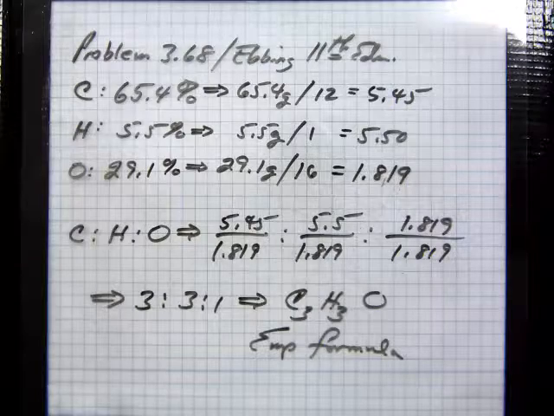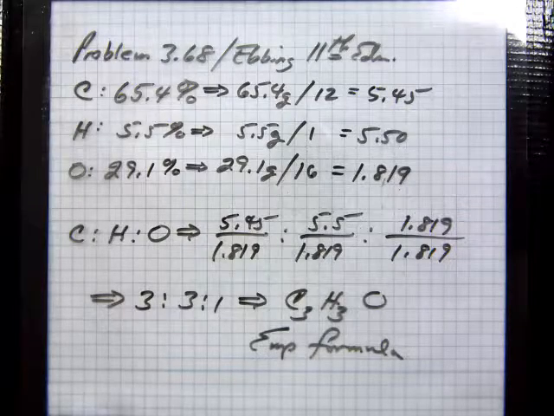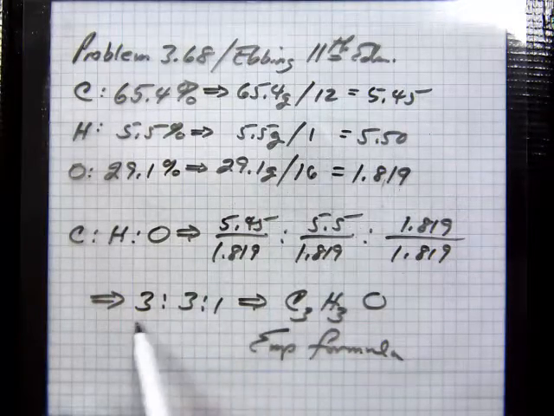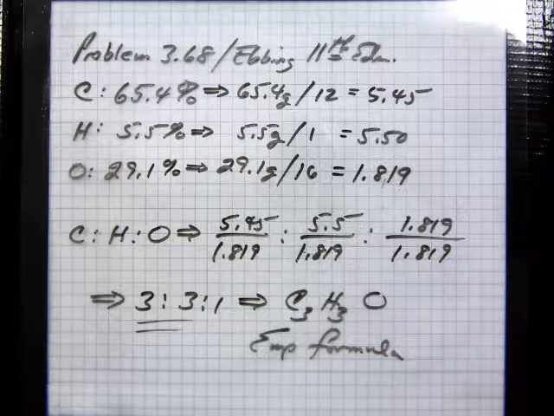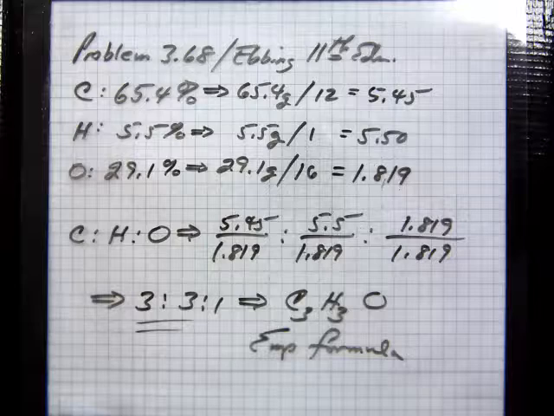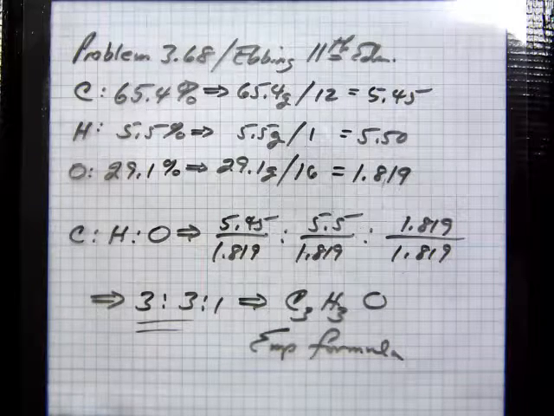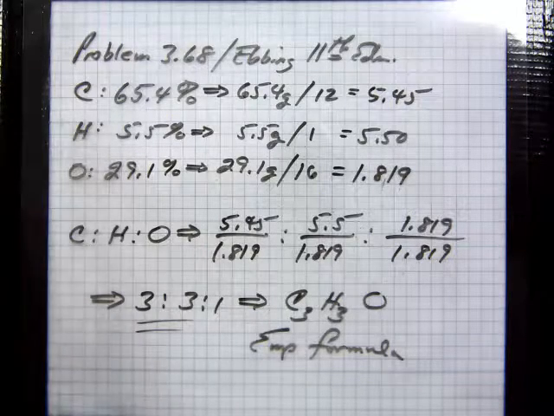empirical formula. Now, the only variation here is if one of these numbers, when you get to the empirical ratio, what you think is the empirical ratio, comes out to be 0.25, 0.5, or 0.75.